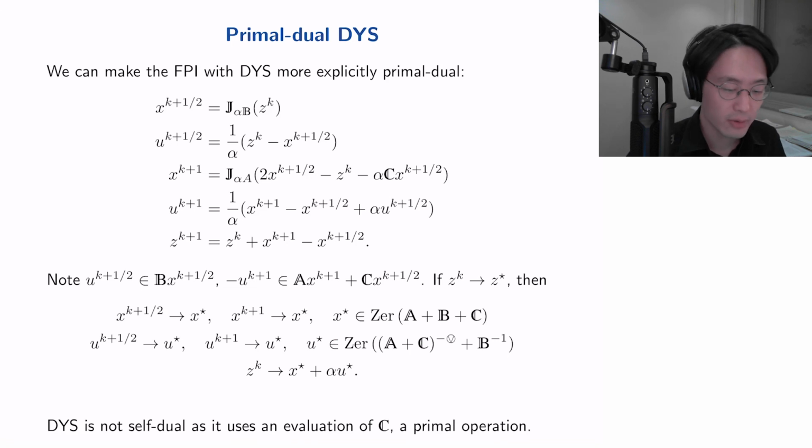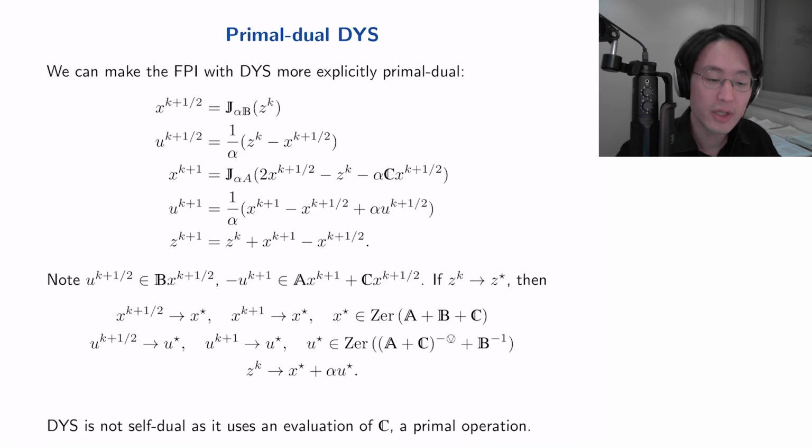And now if you spend a few moments to think about it, uk plus 1/2 is an output of the operator B evaluated at xk plus 1/2. Minus uk plus 1 is an output of the operators A plus C, A evaluated at xk plus 1 and C evaluated at xk plus 1/2.